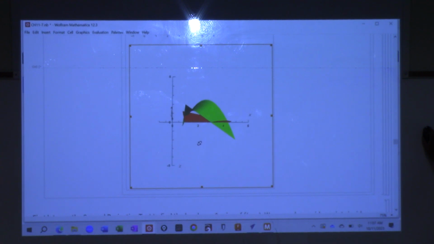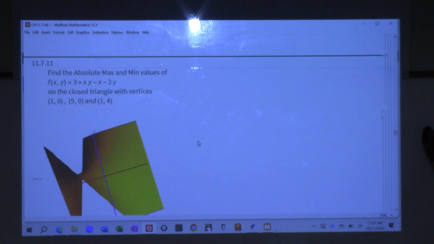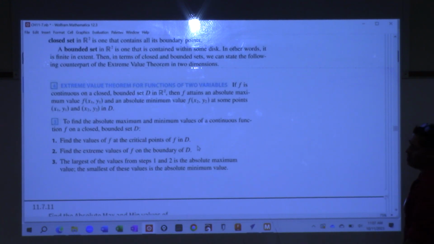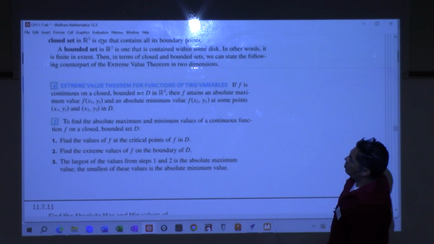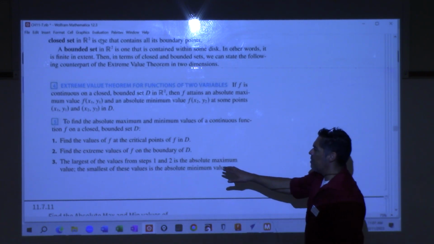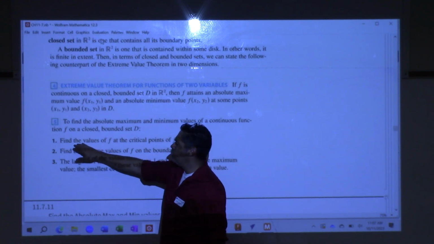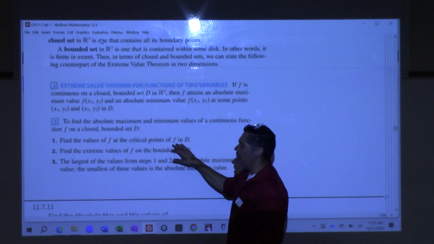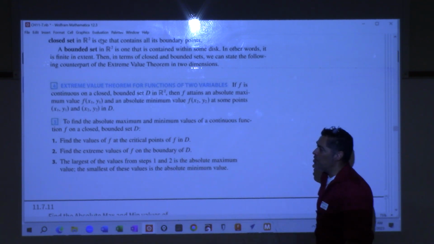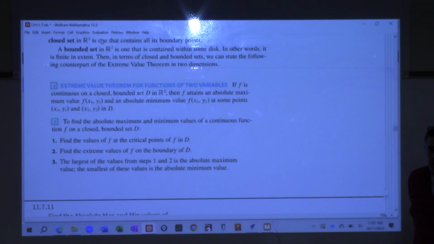We didn't do this, so we need to go through the procedure here. So what is the procedure? We're going to find the value of the original function f at the critical points of the function, as long as those critical points are in the domain we're talking about.